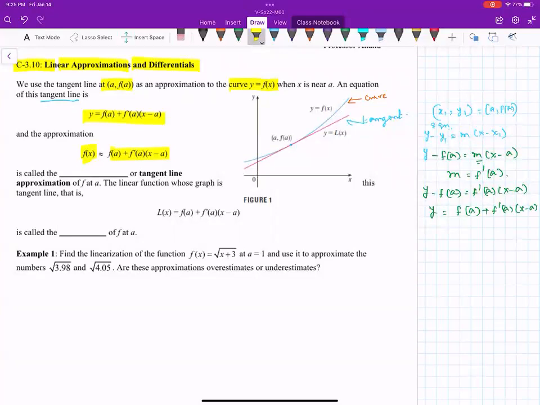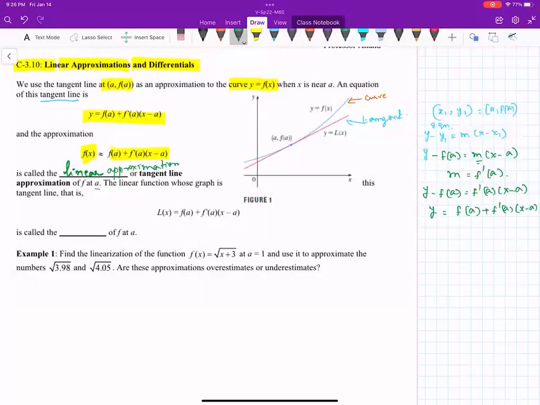This, f(x) approximately equal to f(a) + f'(a)(x - a), is called the linear approximation or tangent line approximation of f at a.